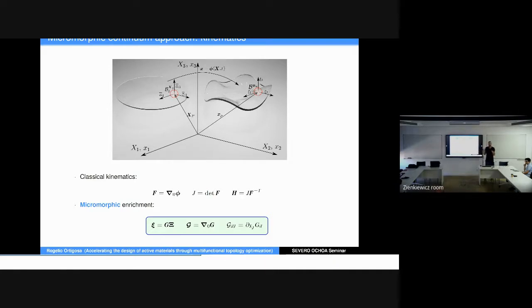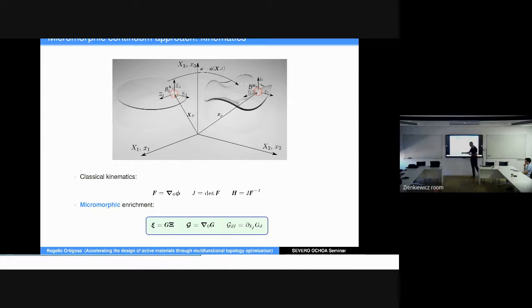Okay, you need to imagine a microcontinuum there, and in the microcontinuum you are going to have these, capital sigma and this T, which are actually the spatial counterpart of this. So on top of the kinematic entities that I presented before in the macro case, now we have some kinematics in the micro level, and that kinematics introduce this microscopic deformation tensor G, which is not to be confused with F.